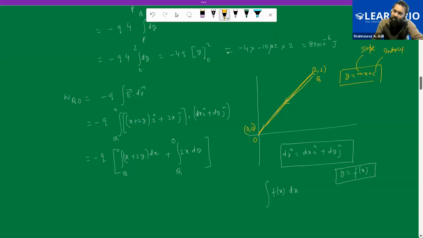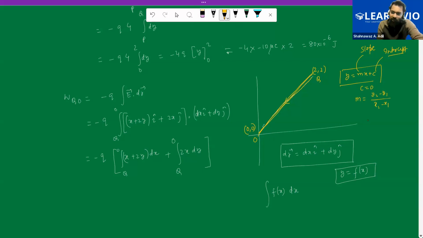Can you guys tell me what is the intercept in this case? It's 0, right? Because it is cutting the y-axis at this point, so c is 0. Now we have to find out the slope. So slope is y2 minus y1 divided by x2 minus x1.